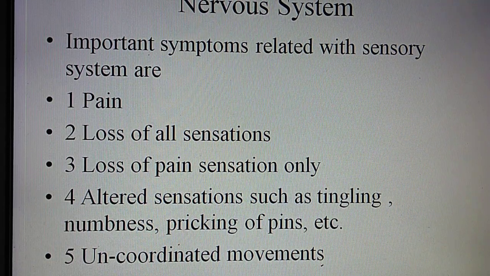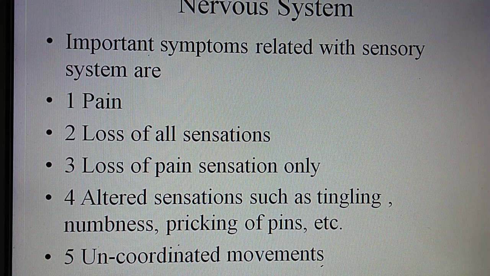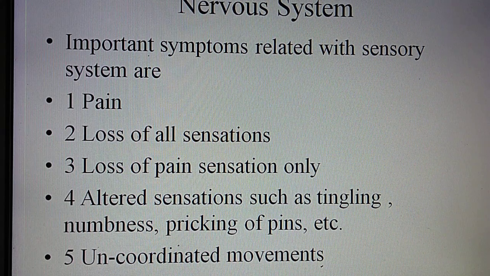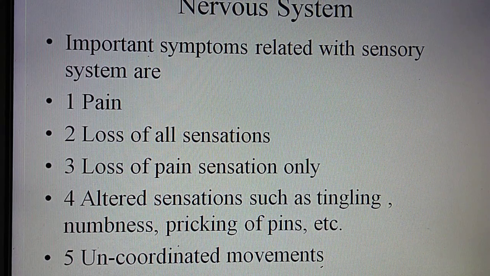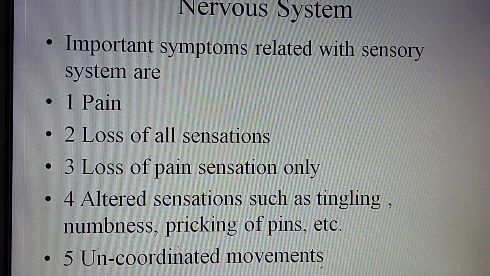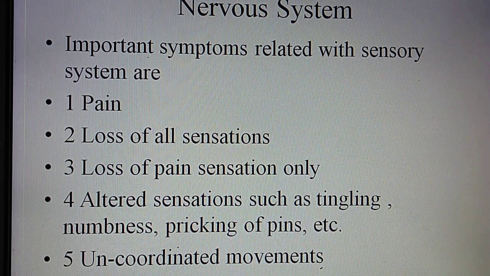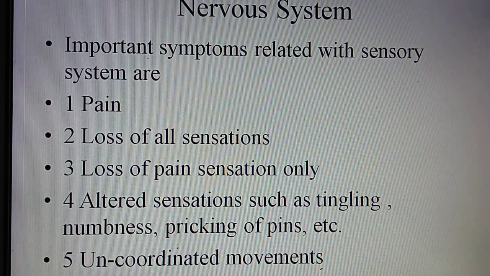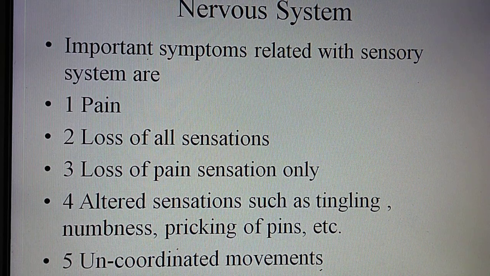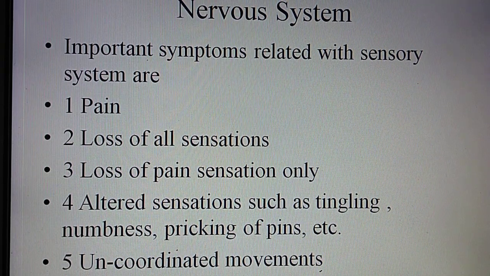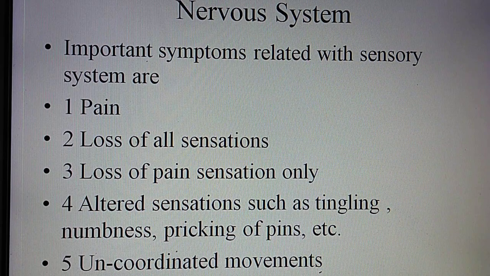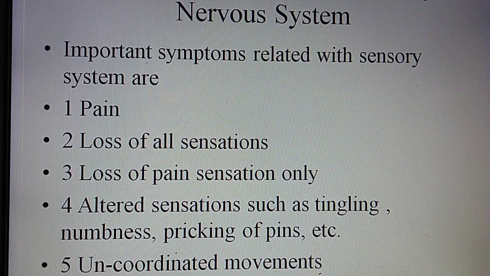Important symptoms related with the sensory system are: number 1, pain. Number 2, loss of all sensations. Number 3, loss of pain sensations only. Number 4, altered sensations such as tingling, numbness, pricking of pins, etc., and uncoordinated movements.